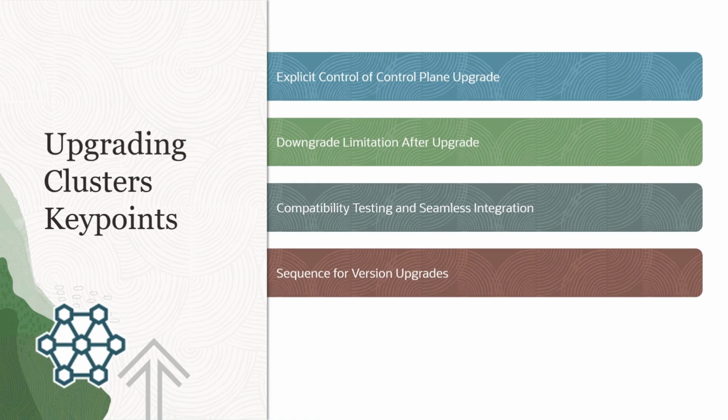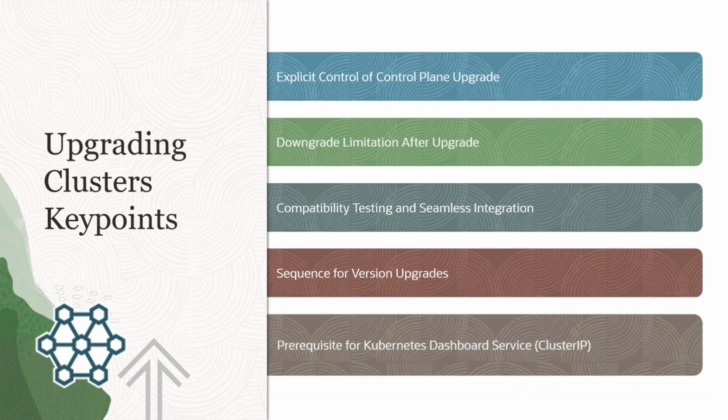It's essential to follow a sequential upgrade path, ensuring a stable transition. Last but not least, ensuring a successful control plane upgrade requires specific conditions. The Kubernetes dashboard service must be of the type ClusterIP, showcasing the importance of proper service configuration.